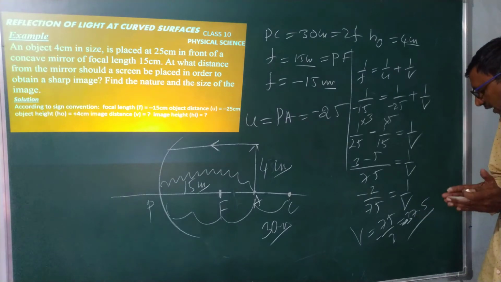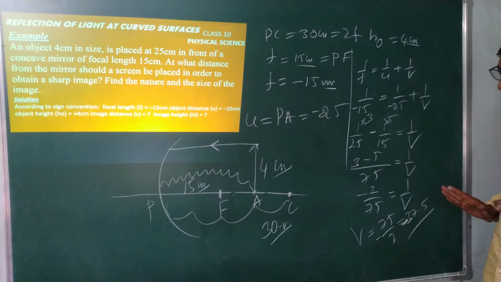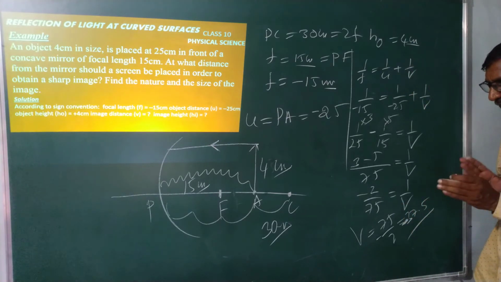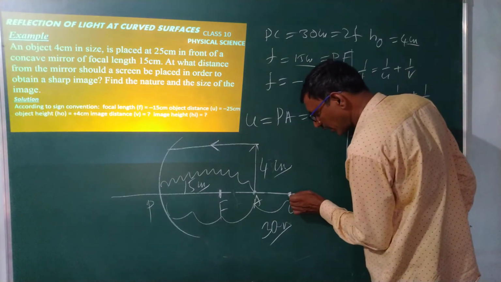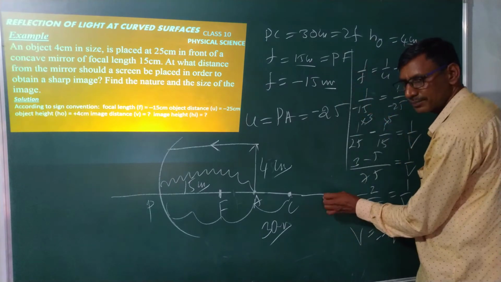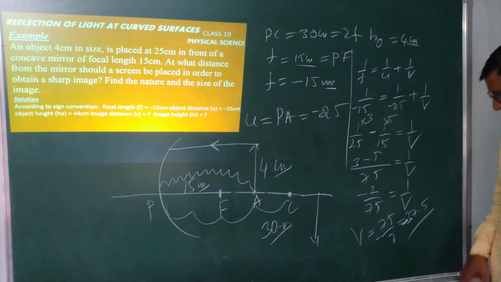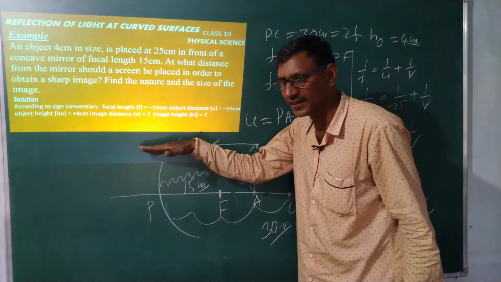Okay, anyhow I will tell you. This is minus. Am I clear or not? So my object is very far from the center of curvature, because here we have 30 centimeters, maybe here. But it is an inverted image. Why do we get minus? This is very, very important. Incident ray in this direction.